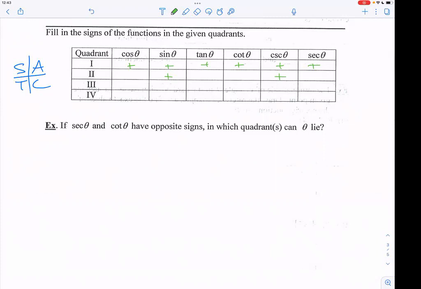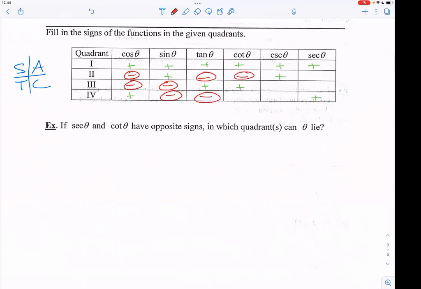For me, I will look at the first letter, making sure that they're the same, that they're different. Quadrant 3. Tangent and cotangent. Quadrant 4. Cosine and secant. All right. So everything else will be minus.